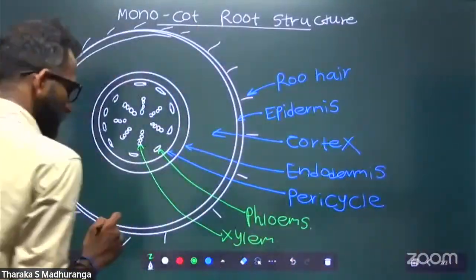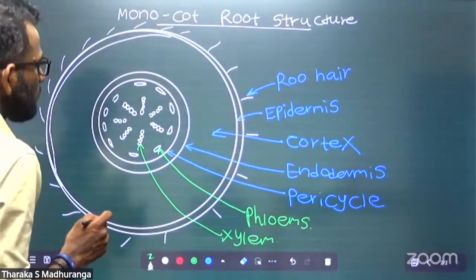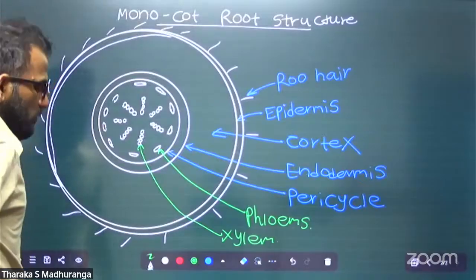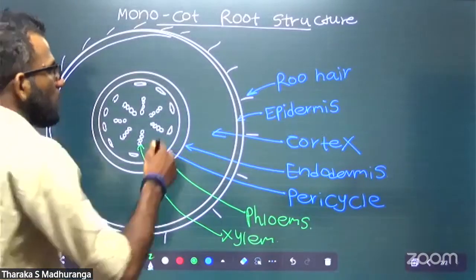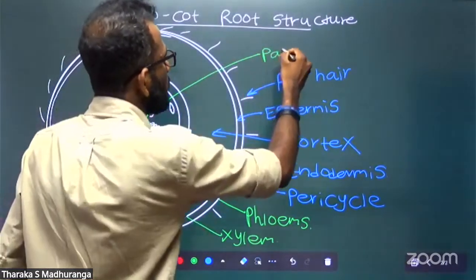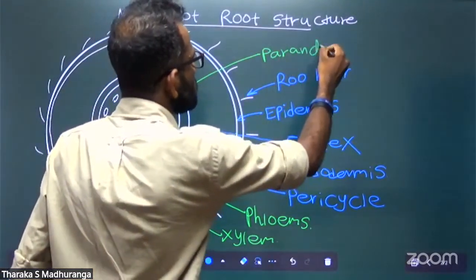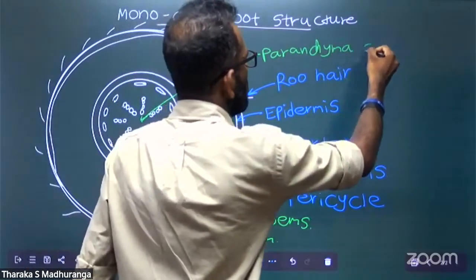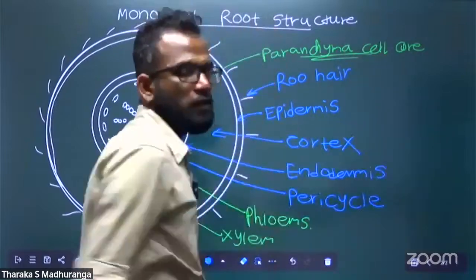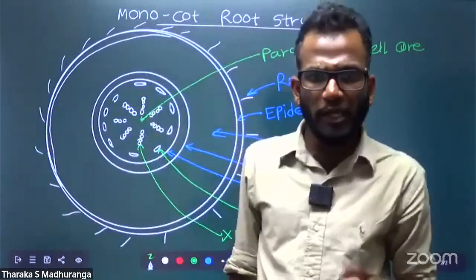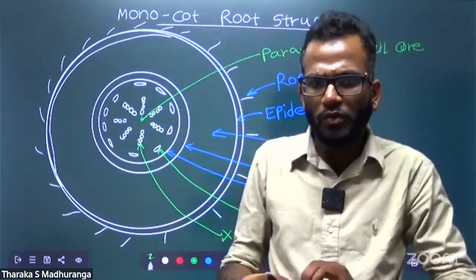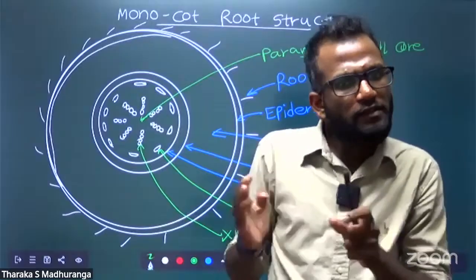And another thing, in the monocot plant there is a parenchyma cell core. It is actually the primary root, the length-increasing root. I think you already know primary and secondary growth.